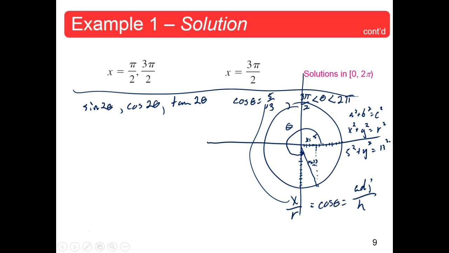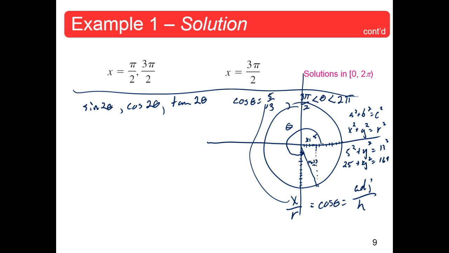Right? 5 squared is 25 plus y squared is equal to, what's 13 squared? Anyone know? 169.